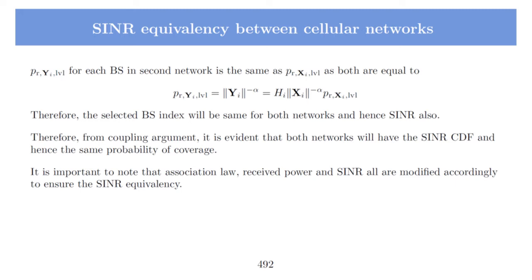Okay, so the main thing is we change the base station process and we set the association law and other factors in the modified network in the same way so that the SNR equivalence is maintained.